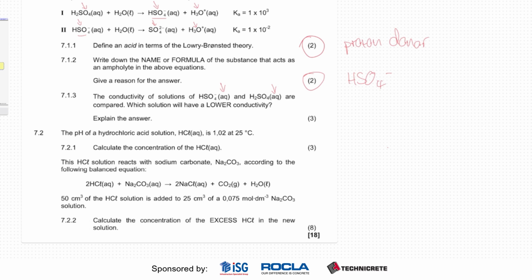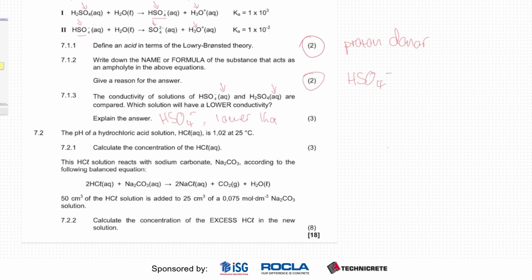So we can compare the Ka values, and we see that H2SO4 has a much higher Ka. So it's going to dissociate a lot easier, like more of it is going to dissociate. So H2SO4 will have a higher conductivity, so HSO4 minus has the lower one, and it's simply because it has a lower Ka.